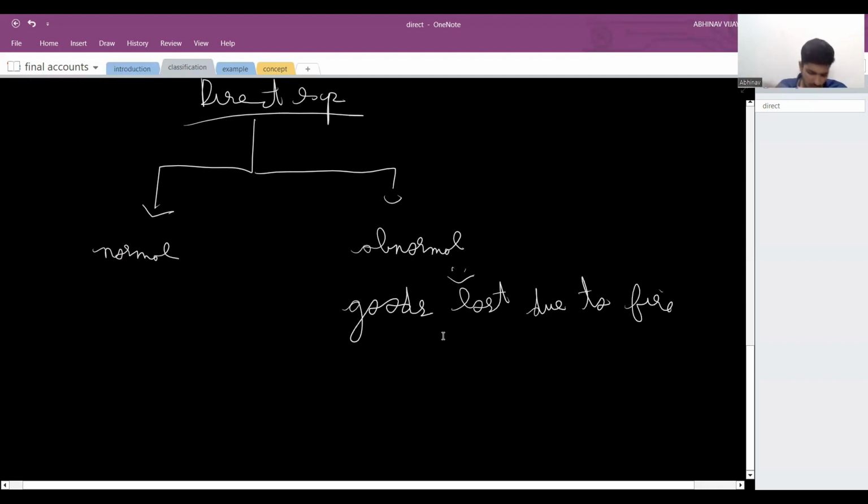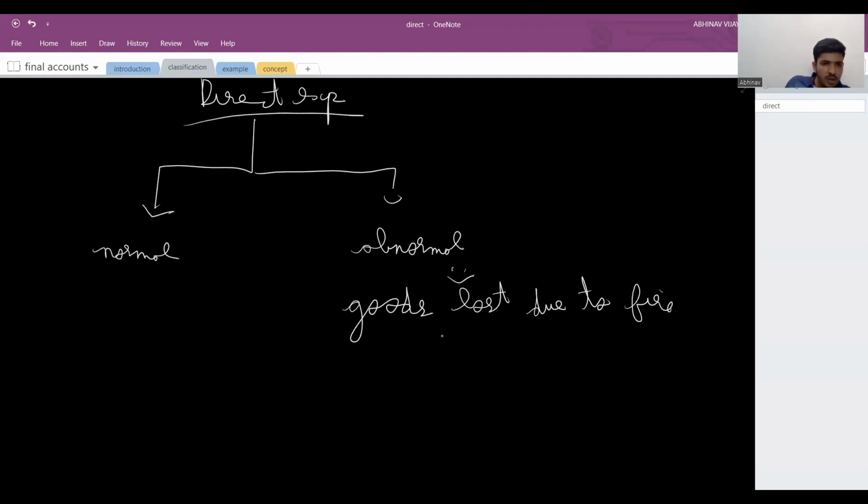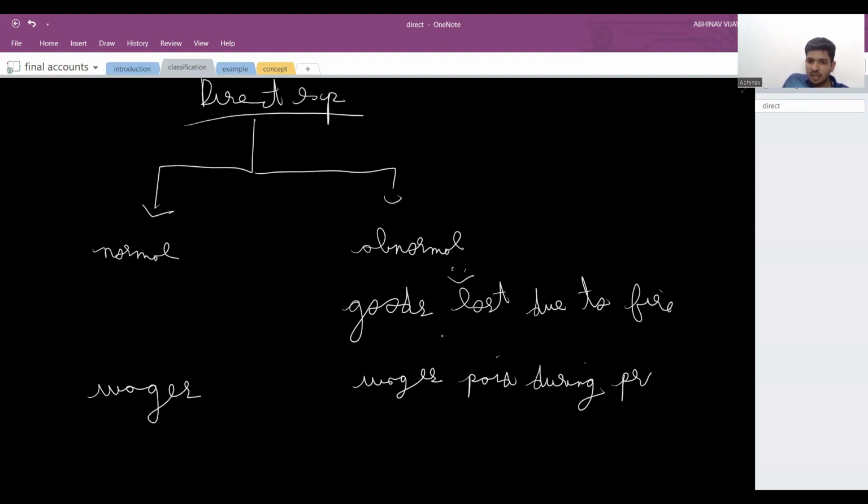Those are abnormal expenses. Another example: wages is normal. It happens in your business every day and you want it to happen because it's part of your business. It's a normal expense. But wages paid during a protest, I read this in a book, so I was very impressed with this point, that's why I'm writing it.